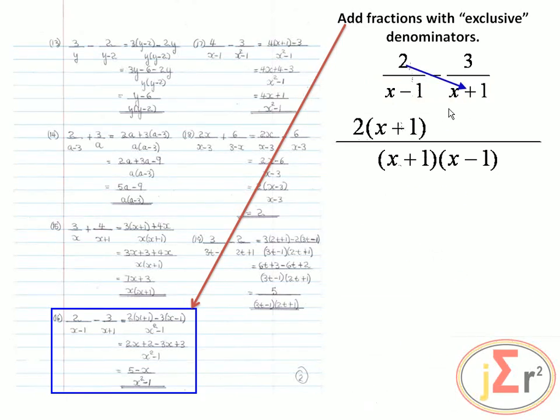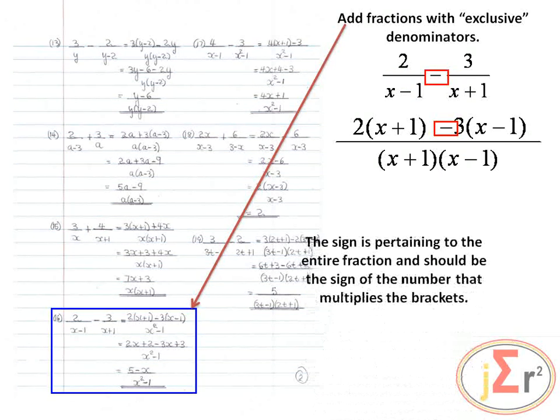2 times all of x plus 1. And what do we say about the sign? Well, when we get there, we will say something about it. 3 times all of x minus 1. And what do we say next? Those two signs. We are saying that the sign that we have here is pertaining to the entire fraction, which is this one.